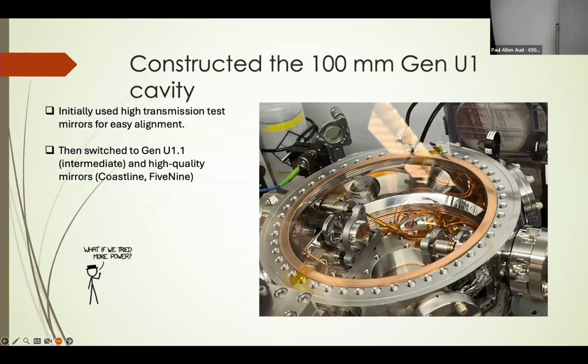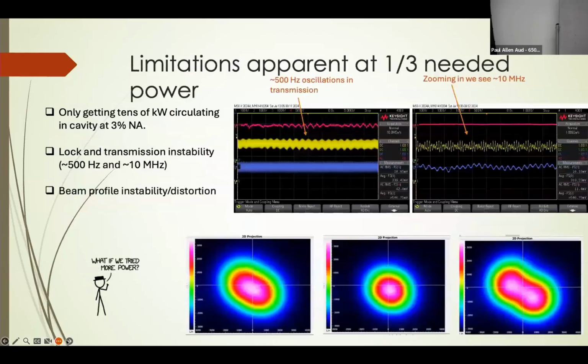So it's 10 centimeters long to fit in the buffer gas cell. But the problem is, at about a third of the needed power, limitations became apparent. What happens is, as you crank up the power, the power inside the 0-0 mode in the cavity levels off, and any extra power you put in goes into a higher order cavity mode.